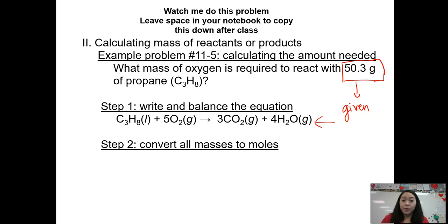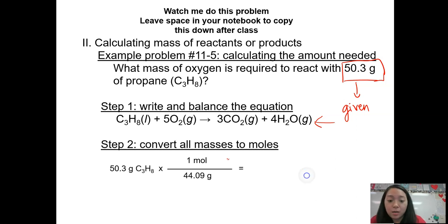Now it says all, but we only have one, 50.3 gram of propane. So indeed, that one must be our only one that we have to convert. We always start with the given. You do the conversion. This is something that you did in the past, a simple conversion from gram to mole, and you use the molar mass to do so.